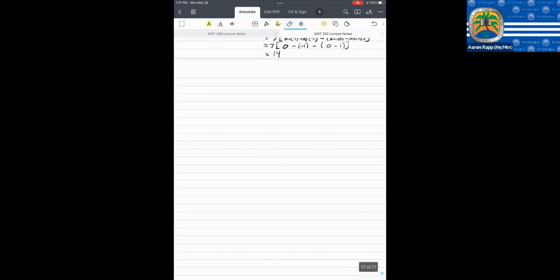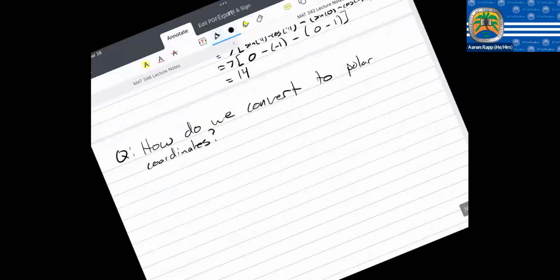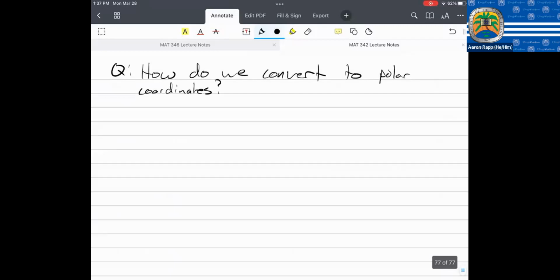All right, so then the question is, how do we convert to polar coordinates? Specifically, if I have a function of x and y, how do I turn this into a function of r and theta?